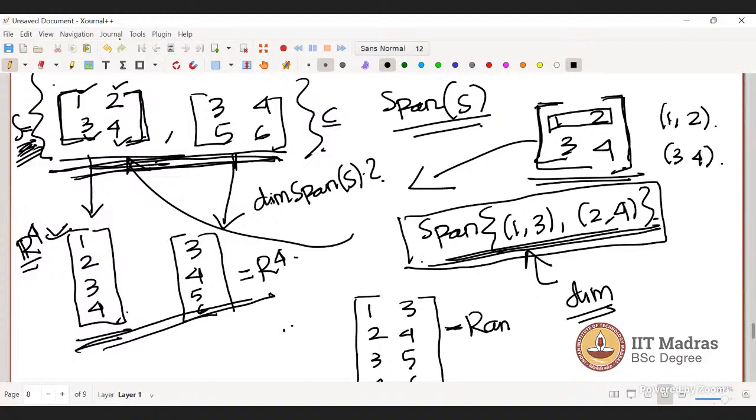From that we get a resultant vector. Resultant means you are taking the addition? Yes, addition, sir. Okay, addition will give you a different vector, basically 4, 6.